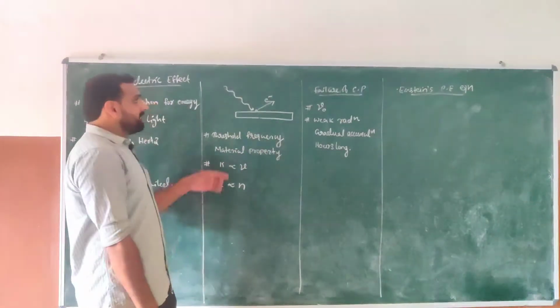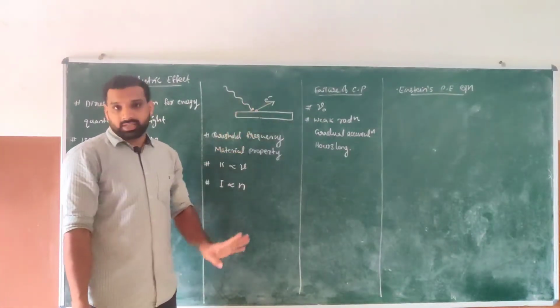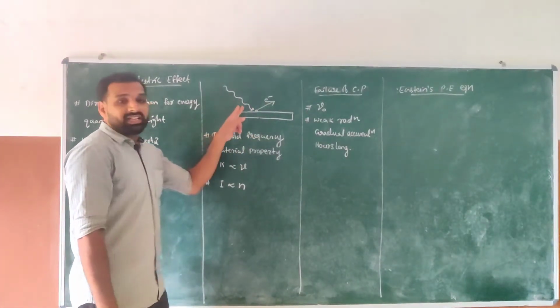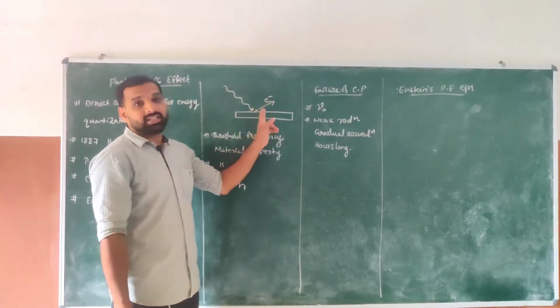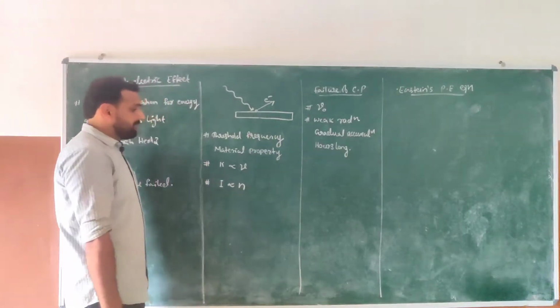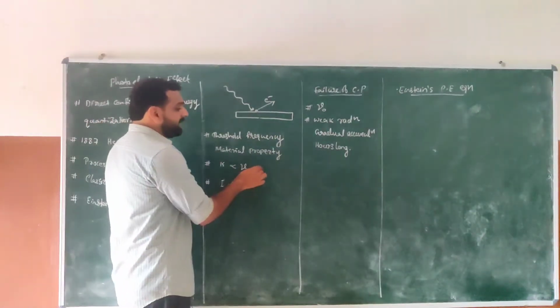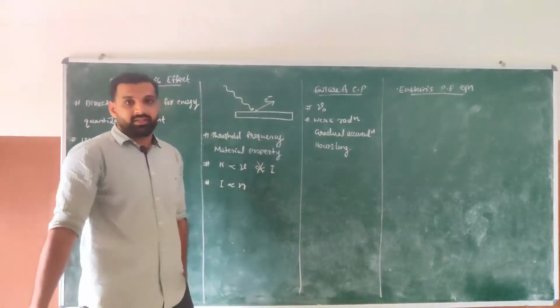Suppose there is light having the threshold frequency, then electrons will be ejected. If we increase the frequency of the incident radiation, then the kinetic energy of the electron will increase. That is another observation. And kinetic energy is not dependent on the intensity of the radiation.